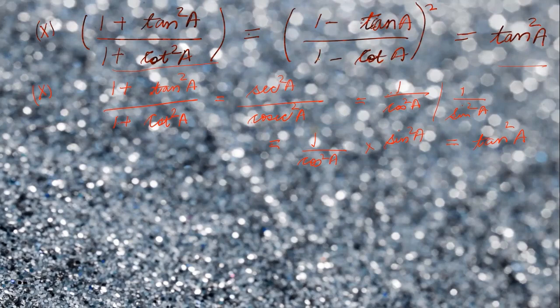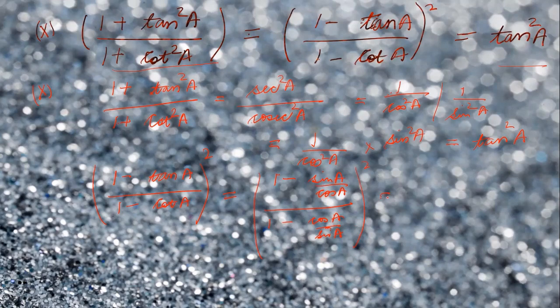Now we will take the second part, that is (1 minus tan A upon 1 minus cot A) whole square. Okay, now here take 1 minus sin A upon cos A. You can write tan A as sin A upon cos A, upon 1 minus cos A upon sin A. Yes, so in this form you can write this whole square.